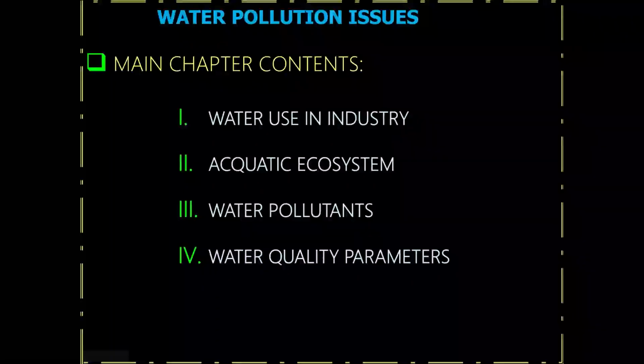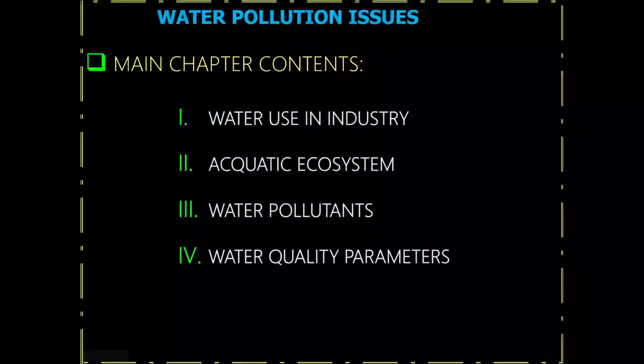So for the main chapter, the content is water used in industry. How does the water used in industry affect the human heat balance? Then we will go on to look at the aquatic ecosystem, that is, how these water bodies affect the aquatic ecosystem.